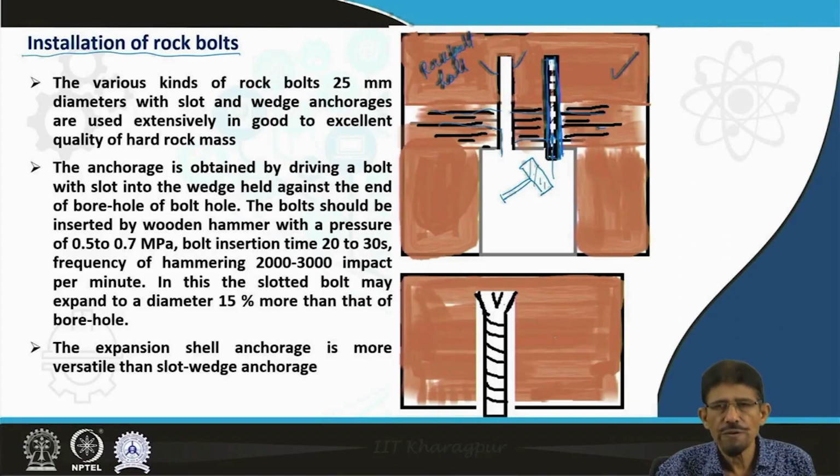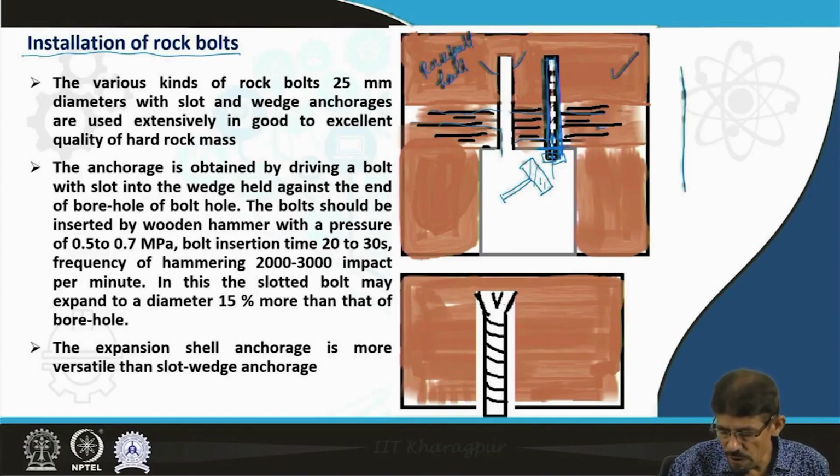Because if we use iron, then there may be damage to the nut or damage to the faceplate, first the nut, then the faceplate. During the hammering, what happens? Here I try to again recall your attention regarding the structure of the bolt, which is simply straight.